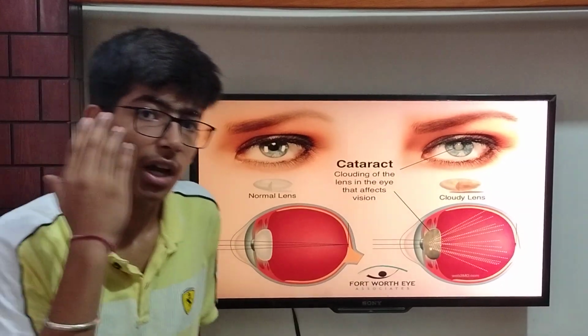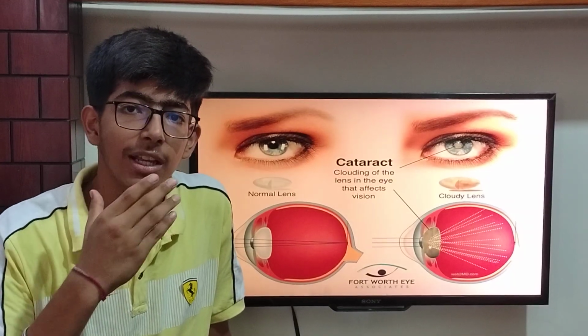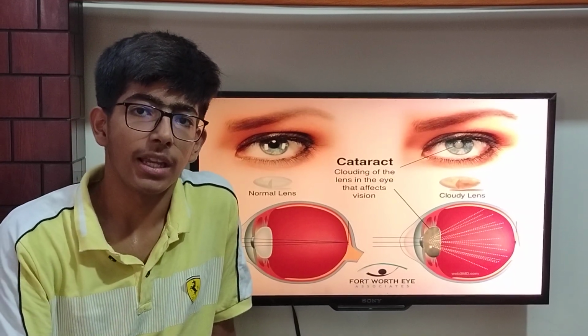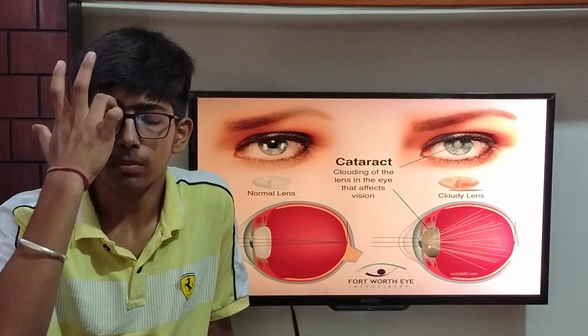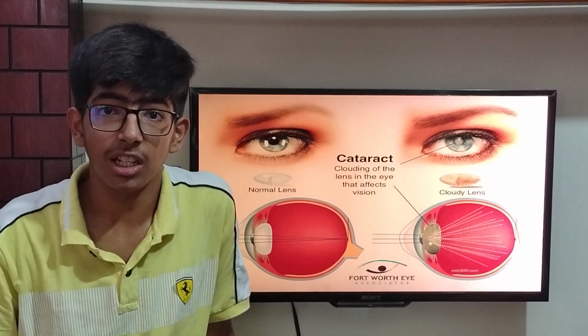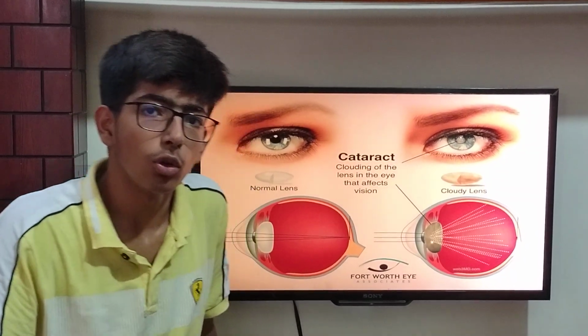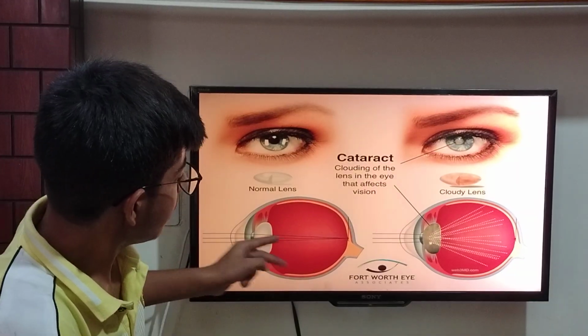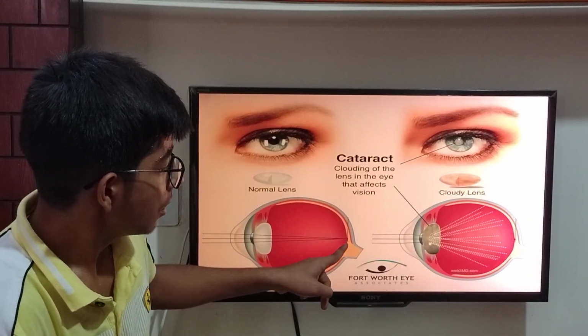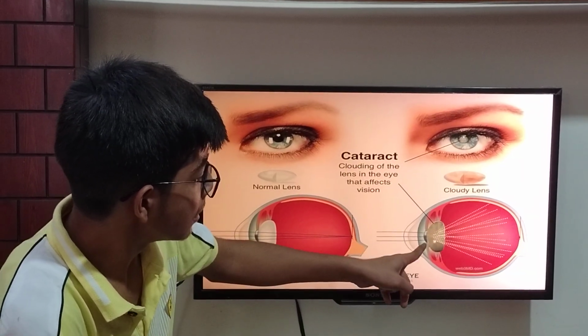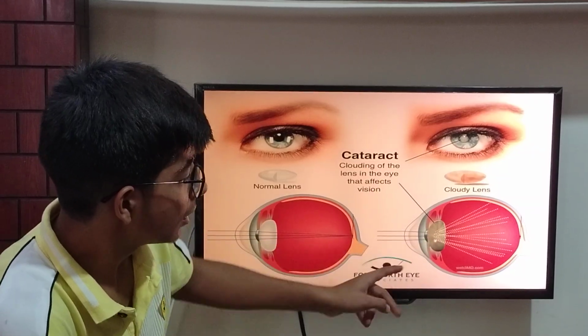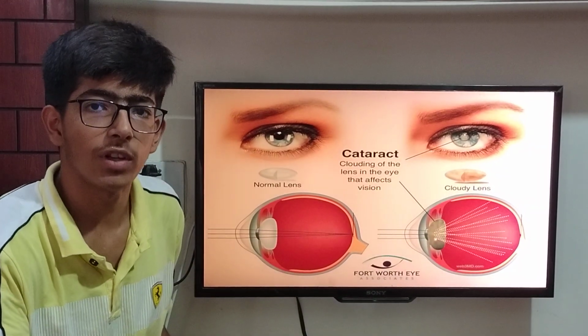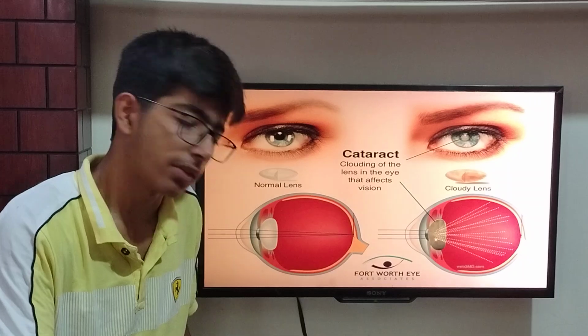The cornea which is the outer layer, the transparent layer on the eye, it becomes blurry. It is having some dust particles, or you can say it becomes blurry. So it can be cured through surgery. And what happens? In normal eye, light converges on the retina. In a cloudy lens, it becomes cloudy. So it is obvious that if the lens is cloudy, it can't converge.